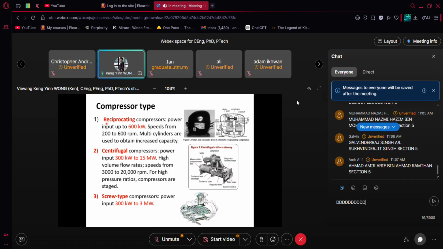One is the reciprocating type, then the centrifugal, and the screw type. These are the 3 in your syllabus, but in actual fact more than 3. For this page, just memorize 2 types of compressor, that will be good enough. Whether you want to make it reciprocating and screw type, or centrifugal and screw type, up to you, either two.